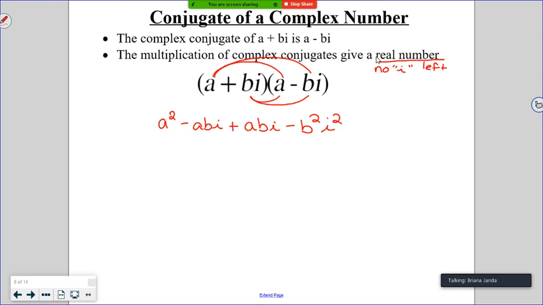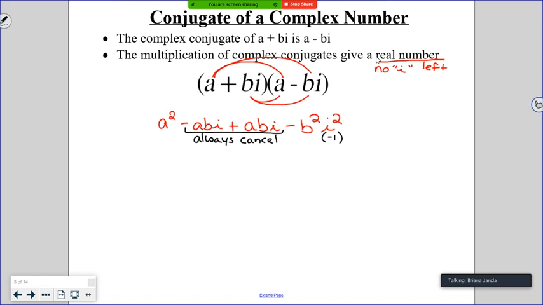So a couple things are always going to stay the same when we do this. First of all, these two will always cancel. That's always going to happen because of how it's created. With the opposite signs in the middle, those middle terms will always cancel. This i squared will get replaced with -1, which will turn this into the opposite sign.